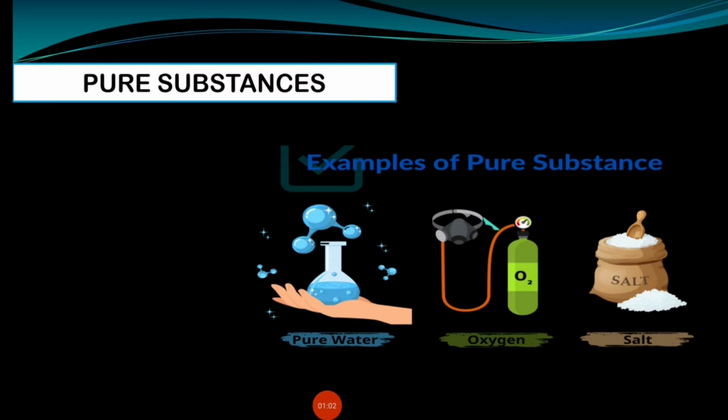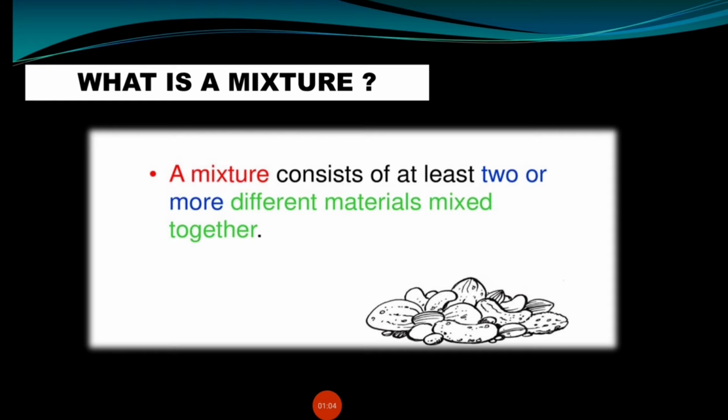Now, what is a mixture? A mixture consists of at least two or more different materials mixed together, or contains two or more types of substances. We use different methods to separate solid impurities from the solid substances.